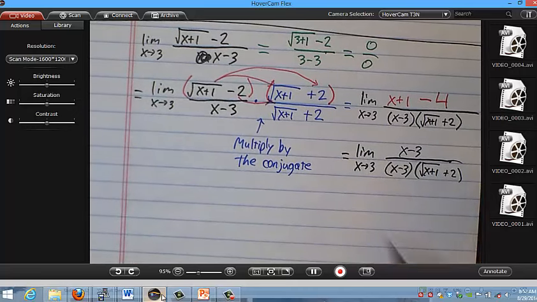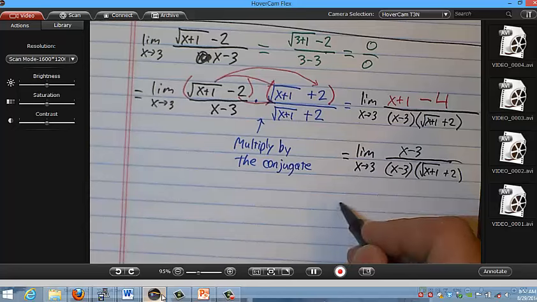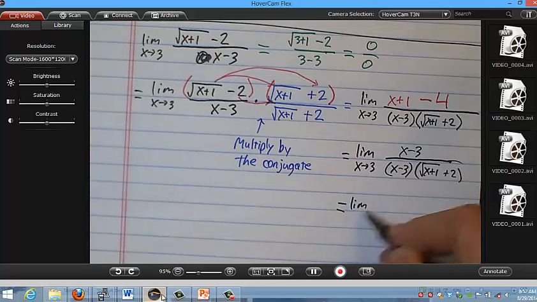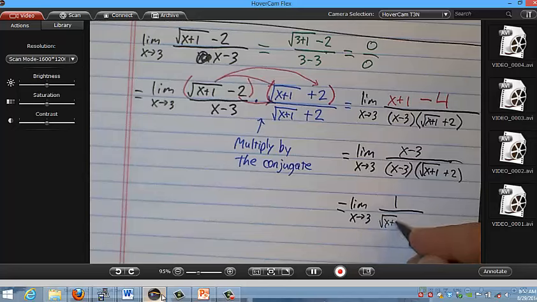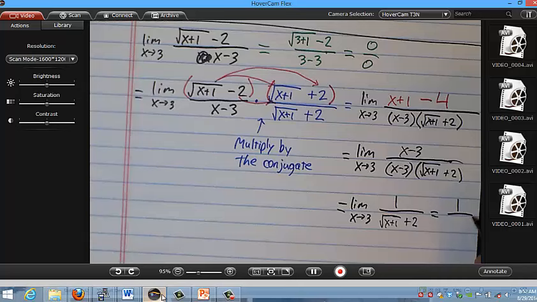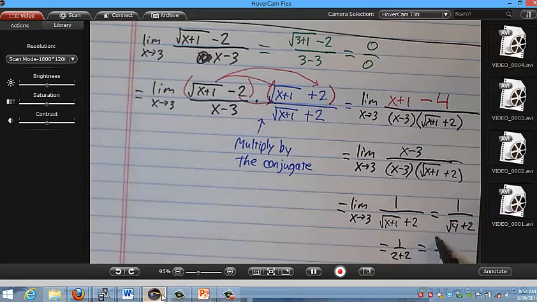So we don't have to evaluate this limit. What we'll do instead is the limit as x approaches 3 of 1 over the square root of x plus 1 plus 2. Now that's 1 over, when you plug the 3 in, you get the square root of 4 plus 2. So that's 1 over 2 plus 2. 1/4 is the limit.